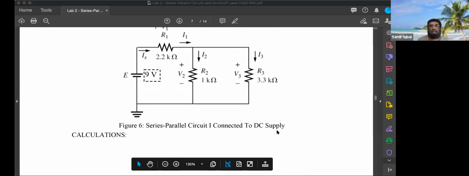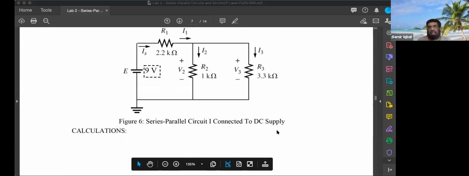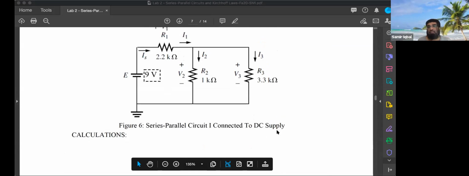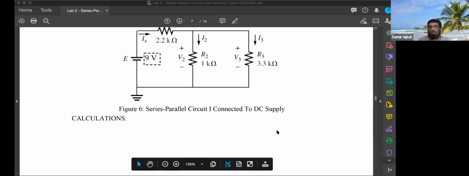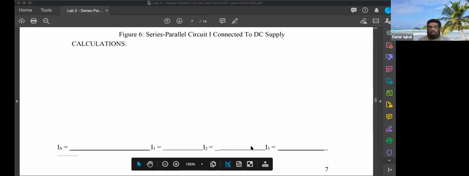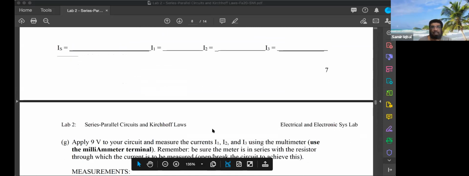How would you find IS? If you find everything else, if you find the equivalent resistance, and you know I1 already, that should give you your IS, the current coming from the source. All right, very good.